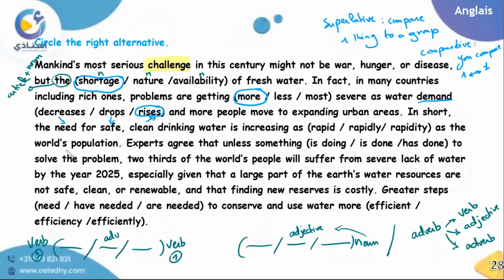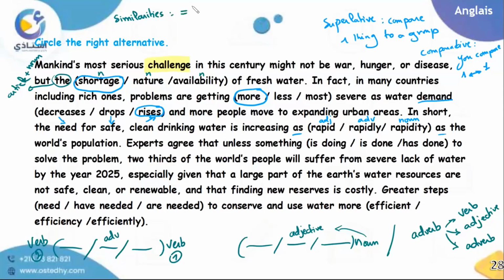In short, the need for safe, clean drinking water is increasing as rapidly or rapidity. Take a look at here. You have as, and you have rapid, you have rapidly, and you have rapidity. You have rapid, adjective. You have rapidly, adverb, and you have rapidity, which is a noun. As. This is a form of comparative to talk about similarities.